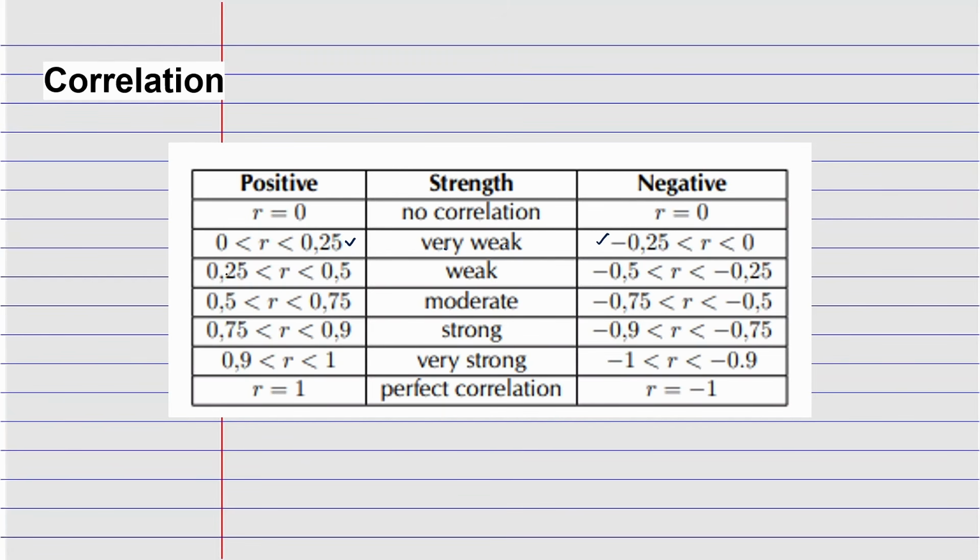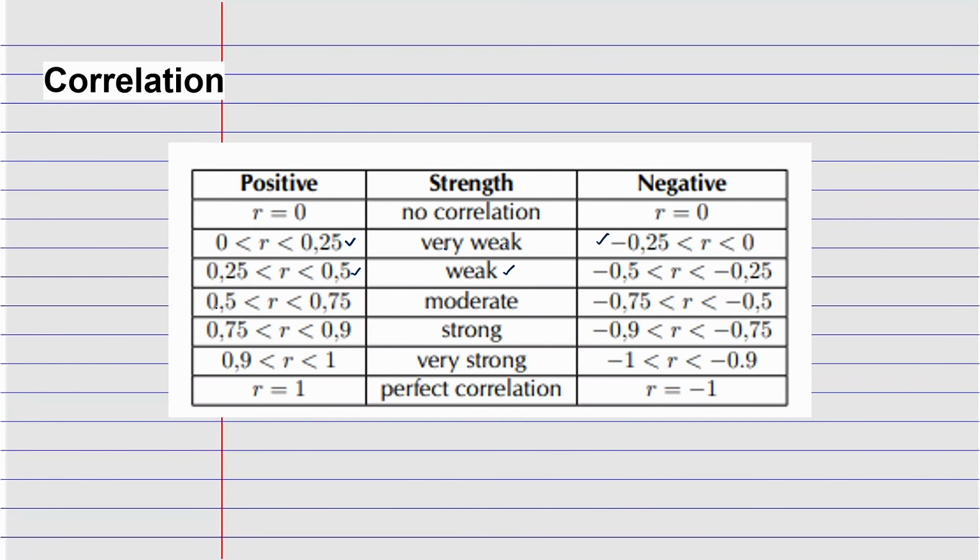So now if you get between 0,25 and 0,5, we say that's a weak positive if your answer of R is positive. So you're going to say it's a weak positive correlation, right? And here, if it's negative, you're just going to say it's a weak negative correlation, right?